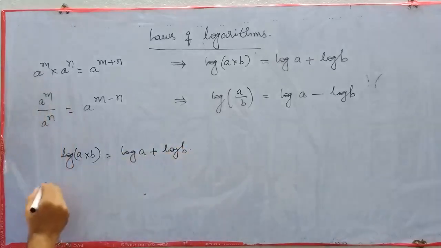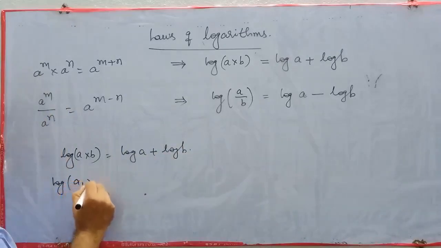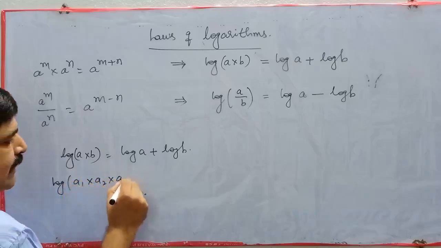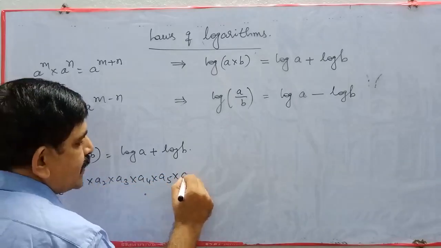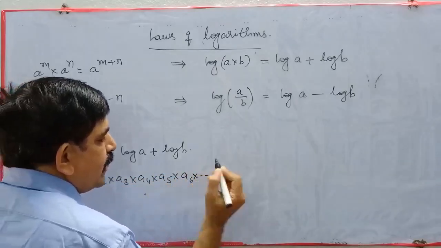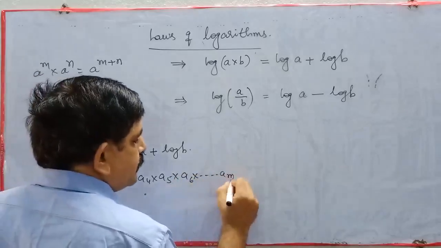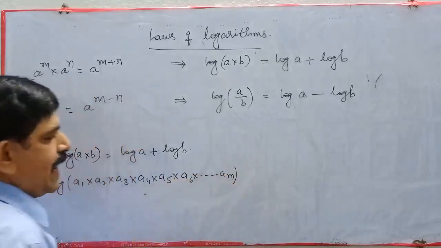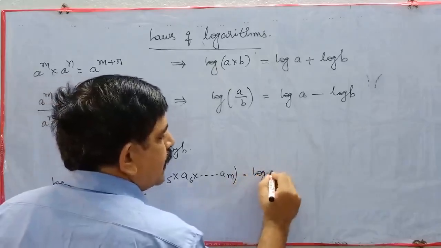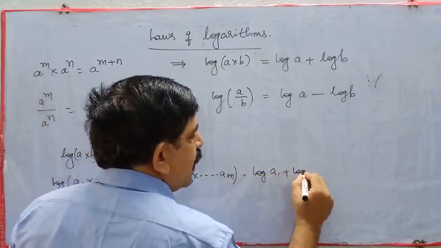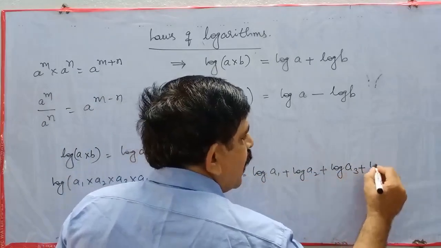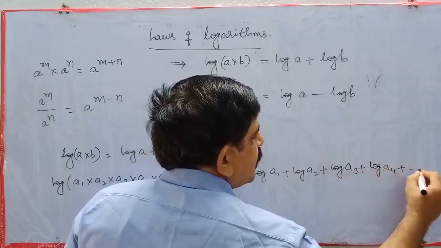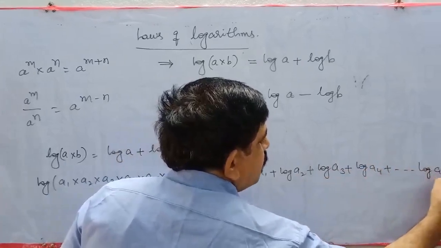In the same way, suppose I write log of a1 into a2 into a3 into a4 into a5 into a6 and so on up to am. It can be written as log a1 plus log a2 plus log a3 plus log a4 plus and so on up to log am.